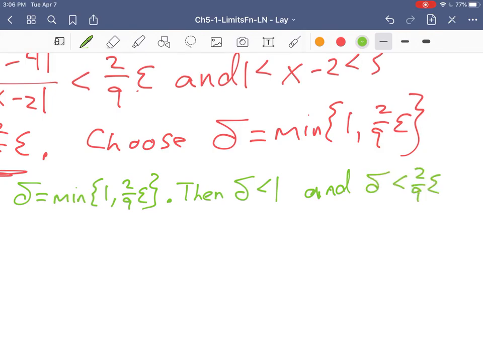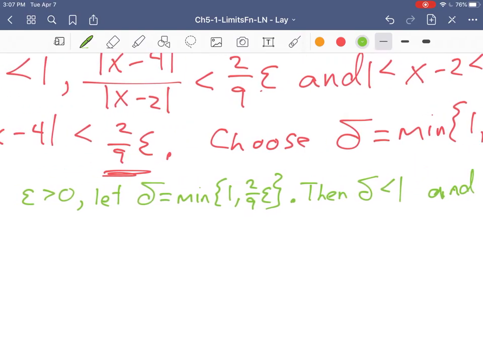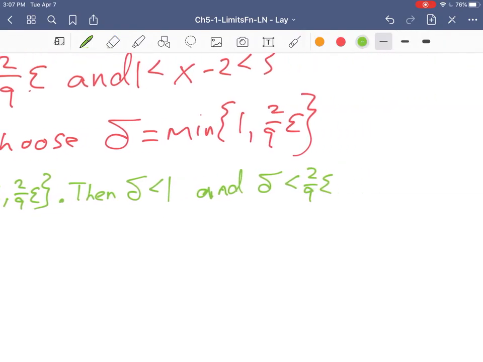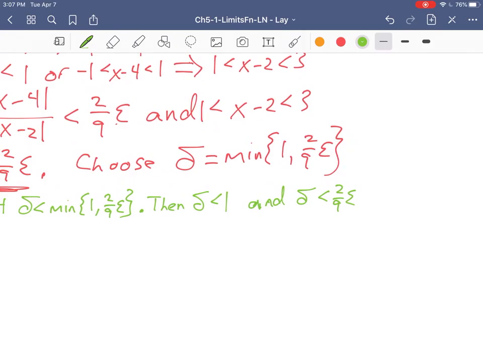So it is the smaller of those two. And I said let delta equal that minimum. That's not really what I want to choose. I want to choose a value of delta that is actually smaller than that minimum. Then our value of delta is less than both of those.